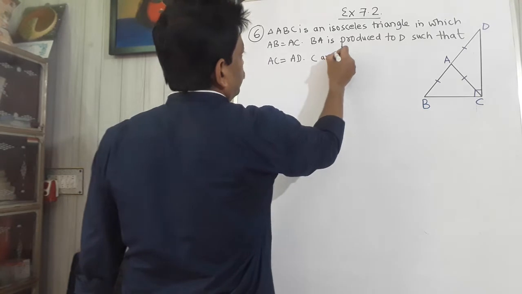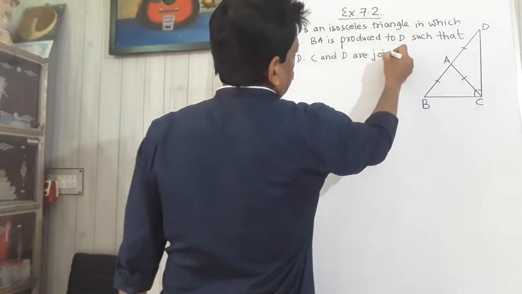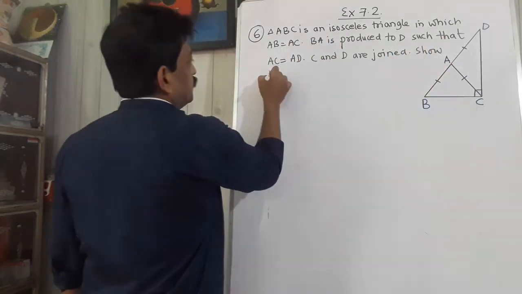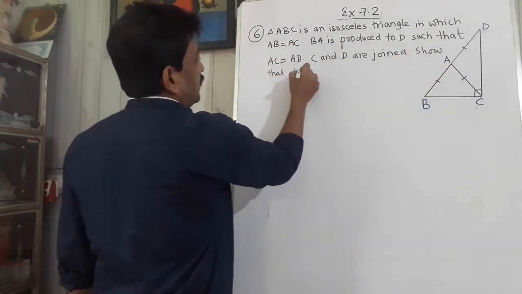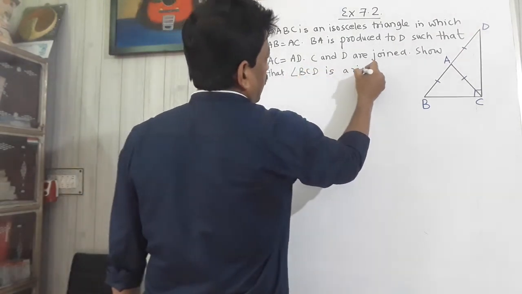C and D are joined. Show that angle BCD is a right angle.